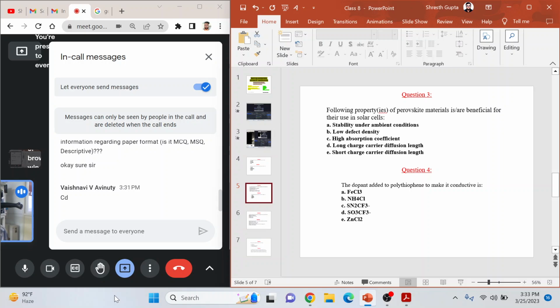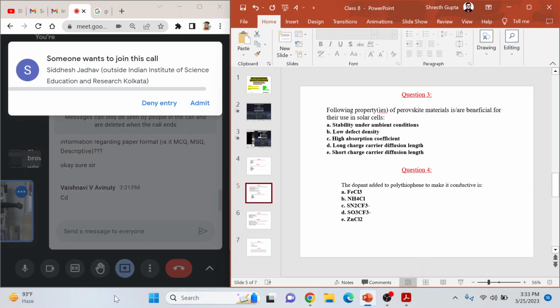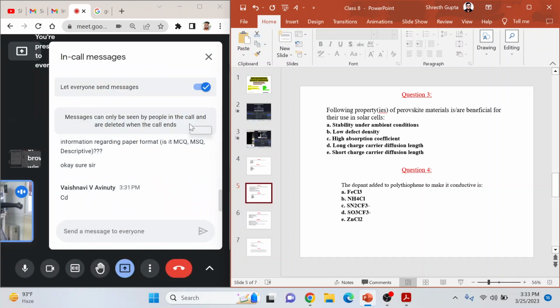The perovskite generally have very high absorption coefficient, and because of that, more and more formation of electrons and holes will be there.